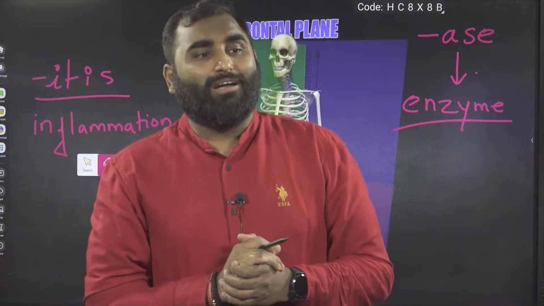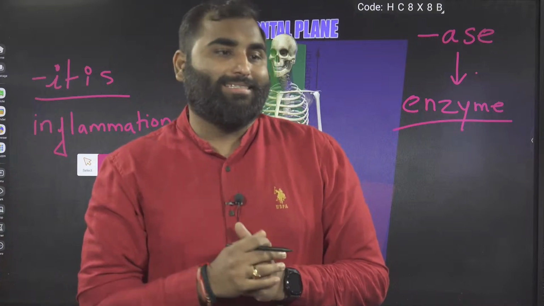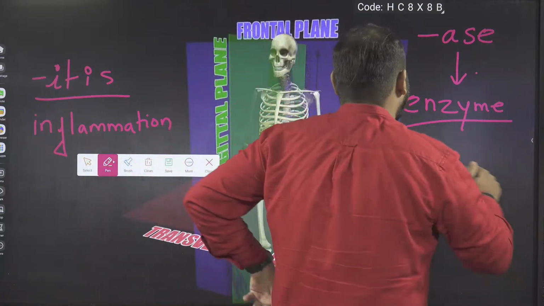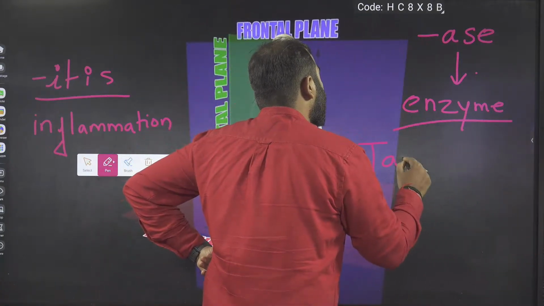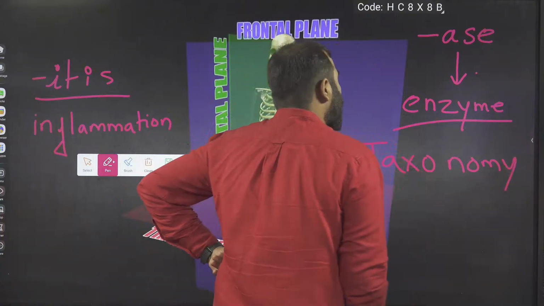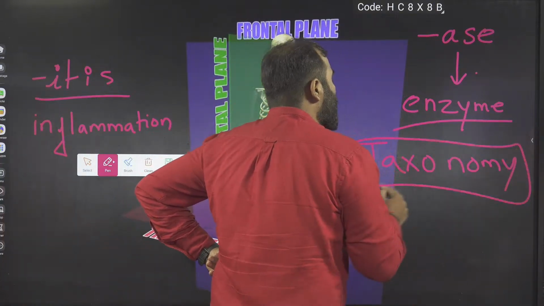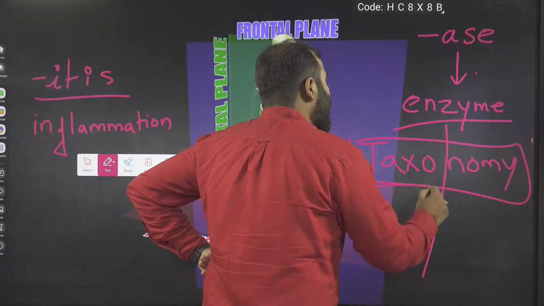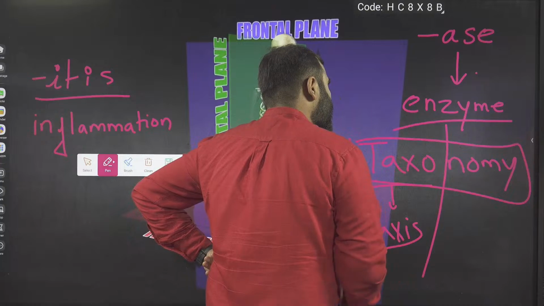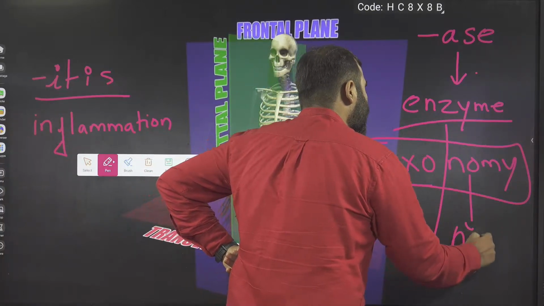Now, sir, what is taxonomy? Very good. A doubt has come here, taxonomy. So guys, taxonomy has 2 words. One is taxo, which comes from the word taxis, and nomi means name.